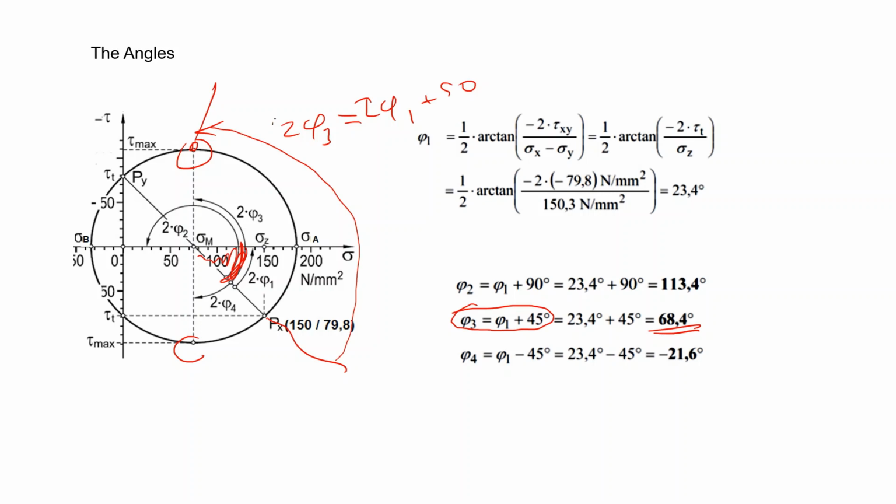So you can calculate this angle in the negative direction, let's call it 2 phi 4, and as you see, it is rotating in the negative direction, and the result is again 23 minus 45, it is minus 21.6. So as you see, we have determined the orientation of both maximum shear stress planes.